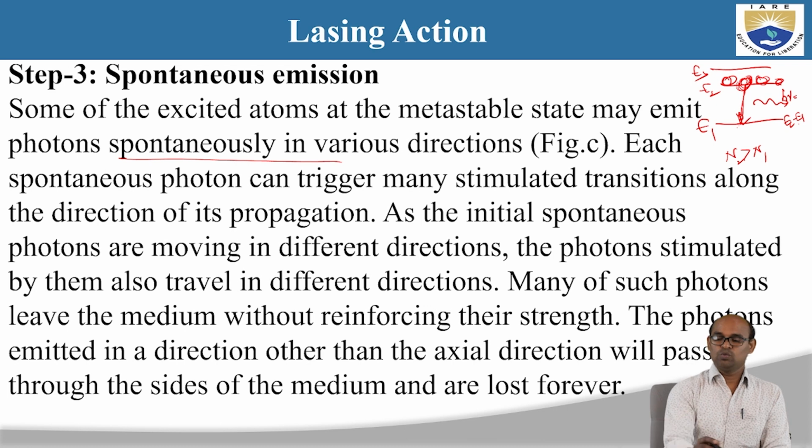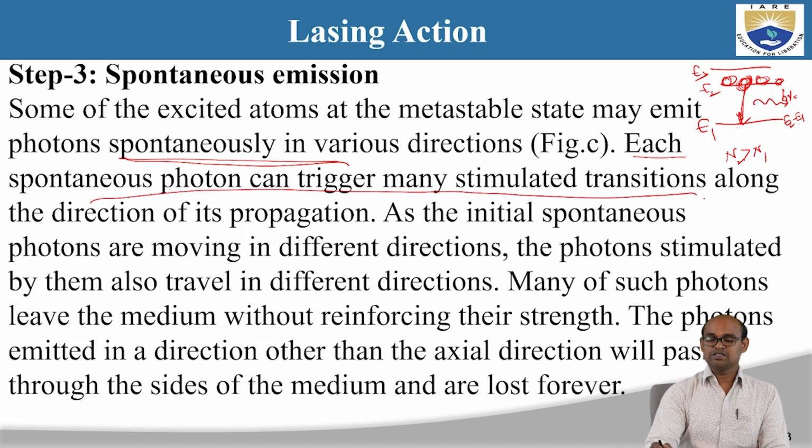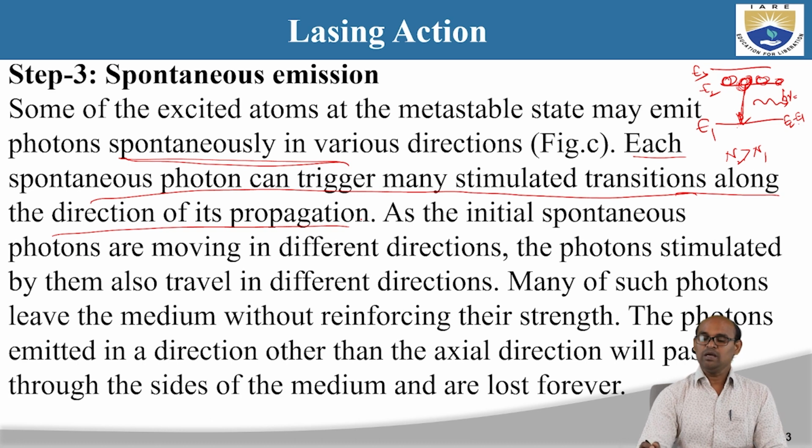After achieving this population inversion, any one of the atoms in the metastable state is going to emit photons spontaneously. Each spontaneous photon can trigger many stimulated emissions along the direction of its propagation. Because this active medium is in between mirrors, this one is a 100% reflecting mirror and this one is a partially reflecting mirror.